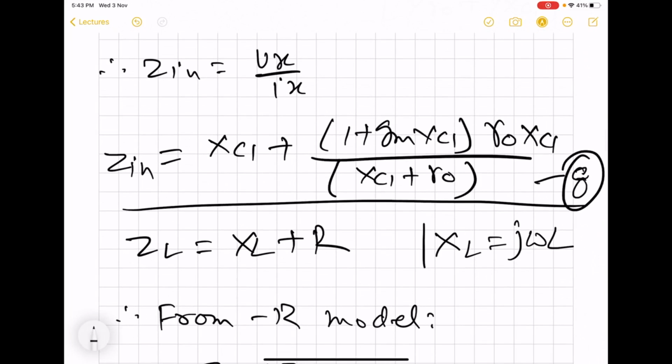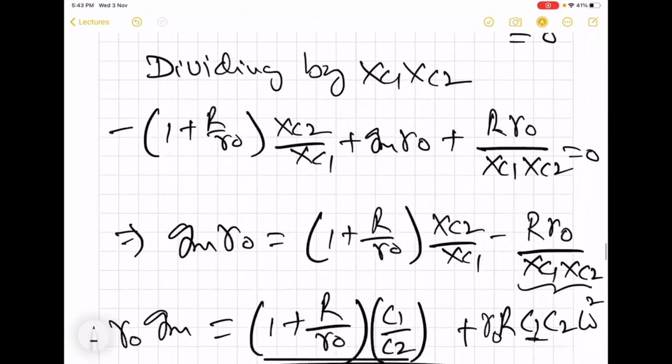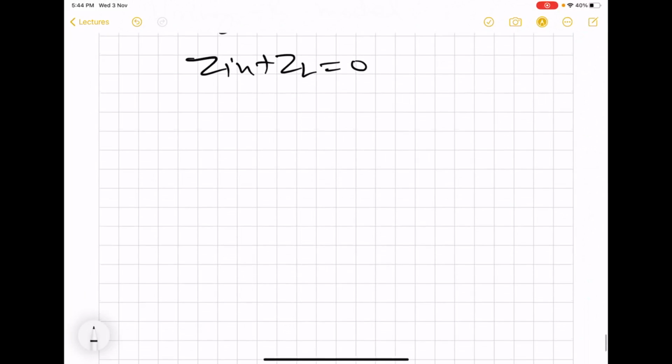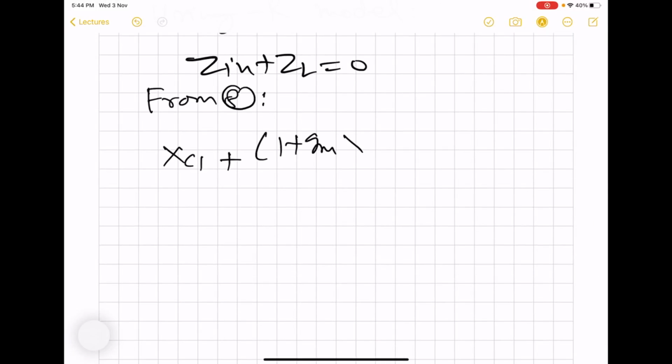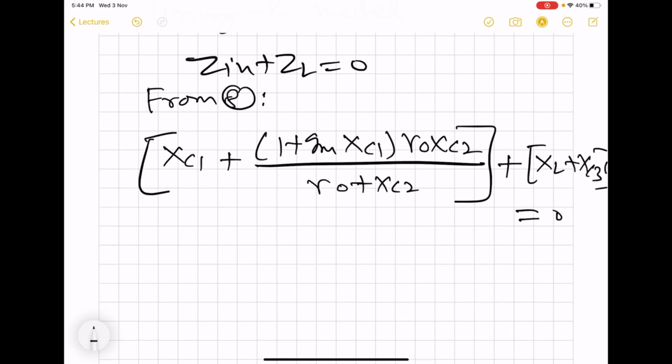So this is Zin, and ZL is XL plus XC3, and this whole thing is equal to 0.